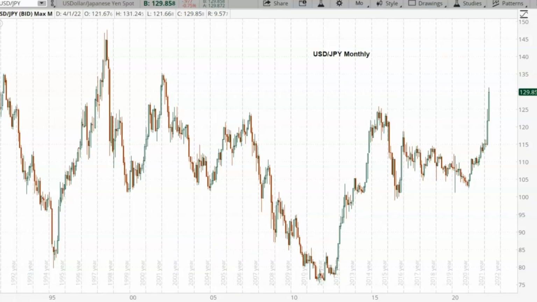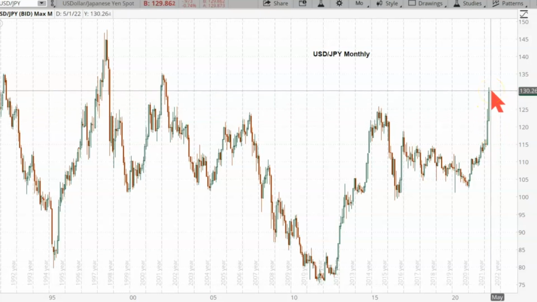So this is a chart of the US dollar JPY on the monthly. This is pretty typical of what a lot of people would look at: a candlestick chart starting out with basically a blank palette. You can see this big upside move.